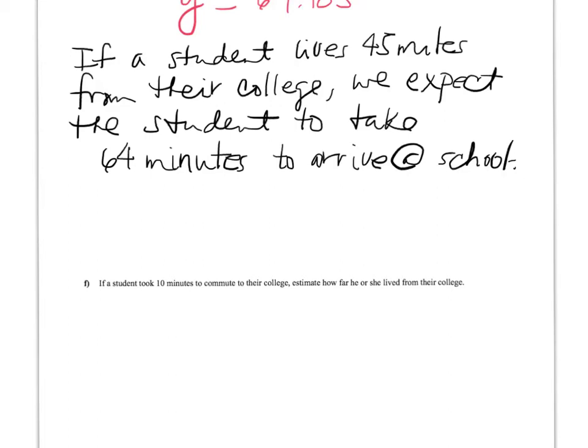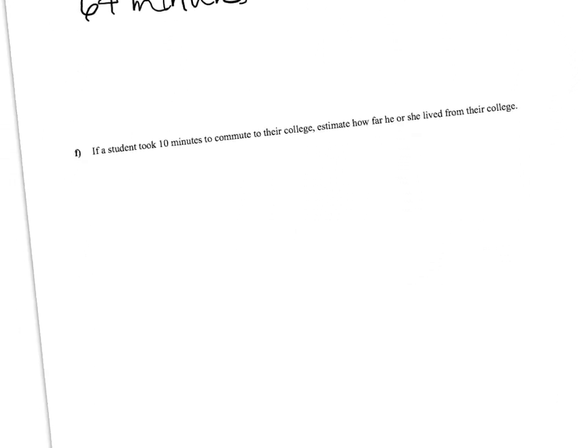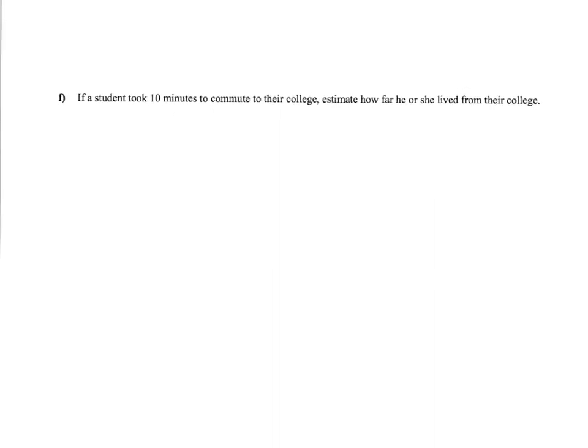And then the last part is, if a student took 10 minutes to commute to their college, estimate how far he or she lived from their college. So now we want to look at this carefully. You want to look at exactly what information we have and what information we're looking for. The information we have is 10 minutes.